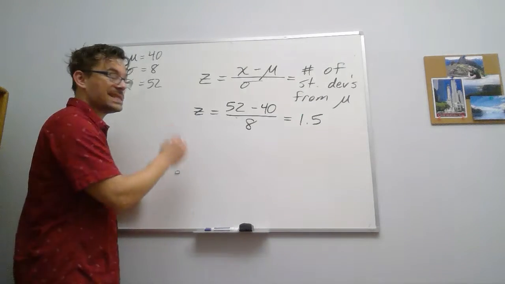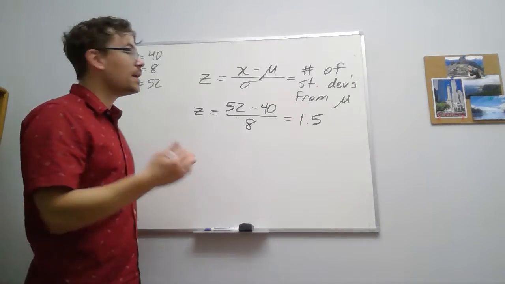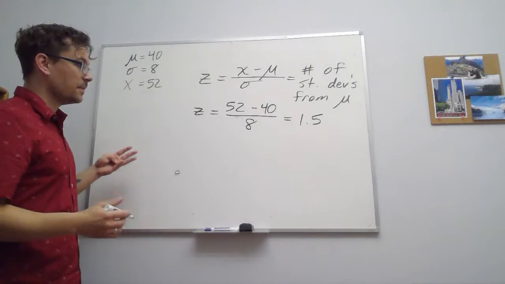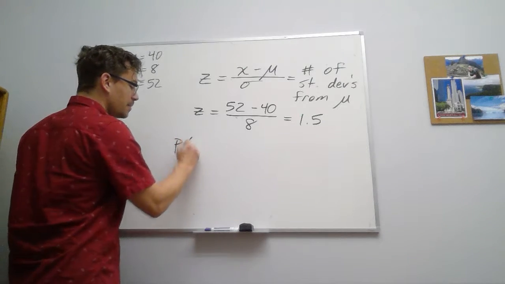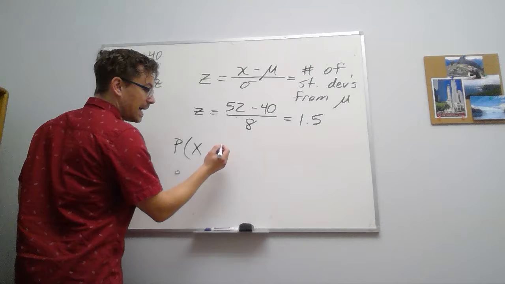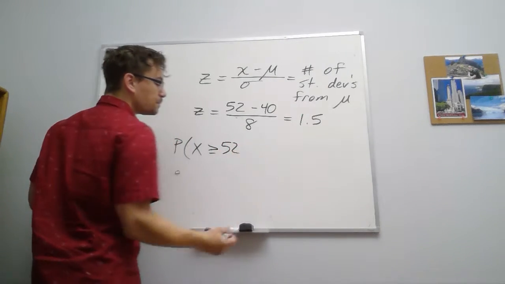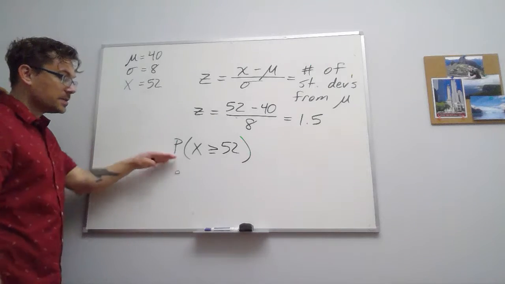So this is just the z-score. If we want to know the probability of getting a score like this, that is, the probability that we would have an x value that's at least as large as 52, this is one way to write it.